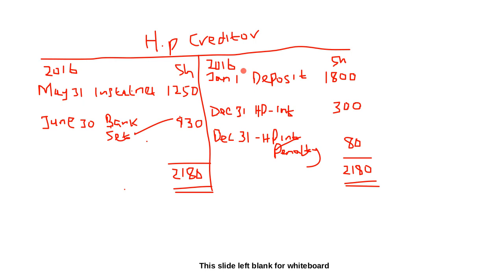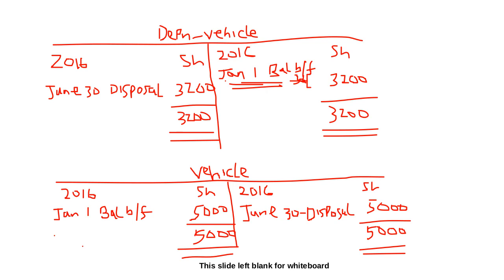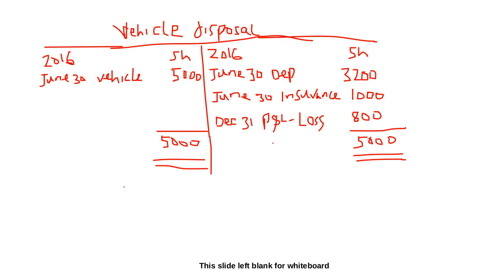So when we are disposing, maybe I can go to that again. Rebecca, the disposal should not be 3,200. The 3,200 is the provision for depreciation.